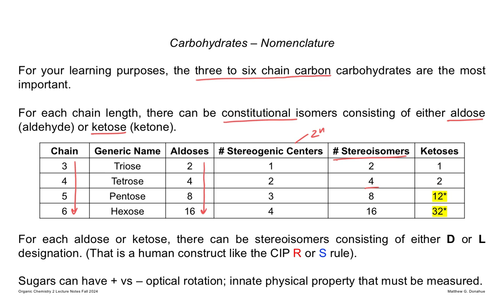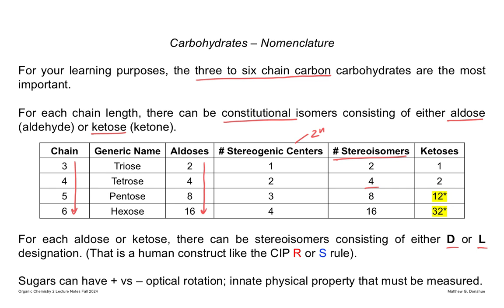The other thing that's important historically is assigning R and S to the stereocenters, but carbohydrates use this old-timey nomenclature, that big D, big L, and that refers to only one stereocenter in the chain, and we'll point that out.